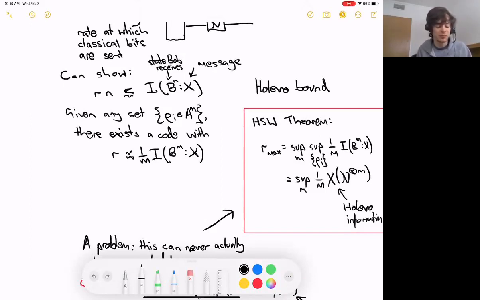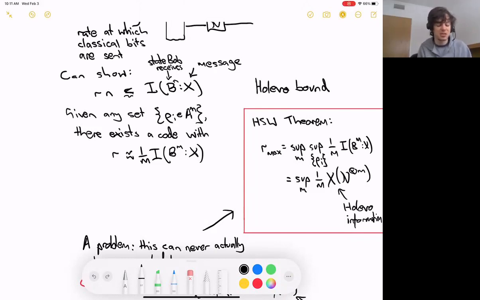And that supremum over the rho I's gives, for the channel N, something called the Holevo information. So the full formula for the classical capacity is what's called the regularized Holevo information.